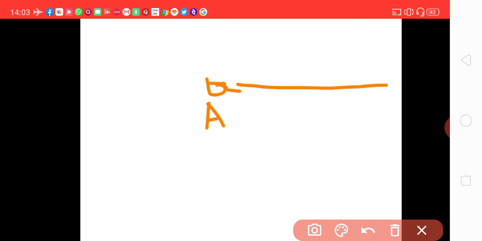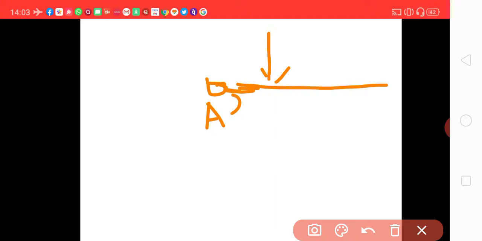Let us see that this is an arm and this is a point A, about which we have to take moments.